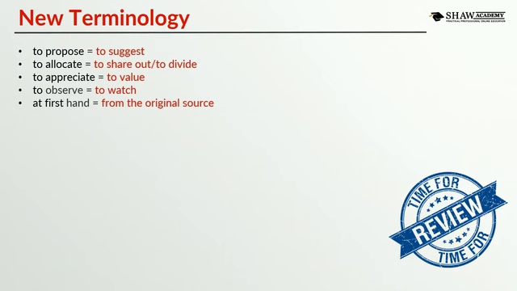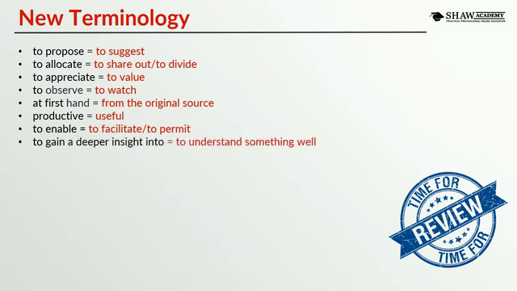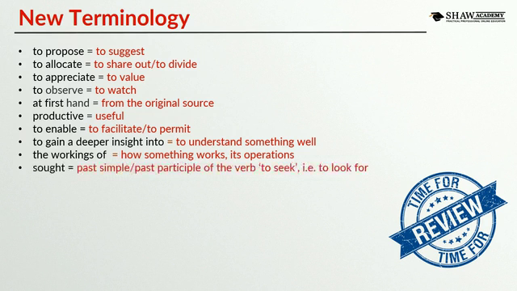At first hand means from the original source. Productive means useful. To enable is to facilitate or to permit. To gain a deeper insight into means to understand something well. The workings of is, of course, how something works, its operations.